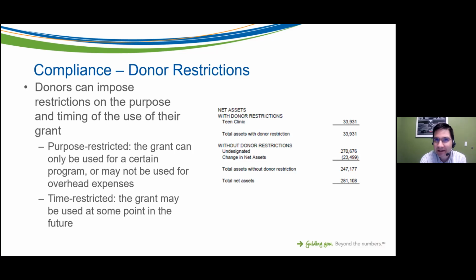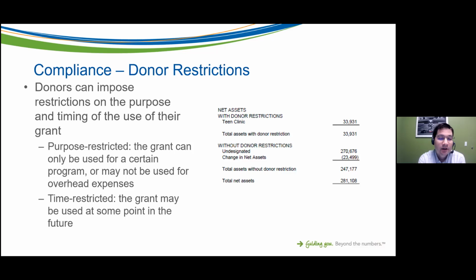It's down near the bottom of that page generally. And many nonprofits will just have without donor restrictions. They have had no donors tell them to use their donations in any specific way, nor have they had any grants that have required a specific purpose. And you'll have the entire section as undesignated.